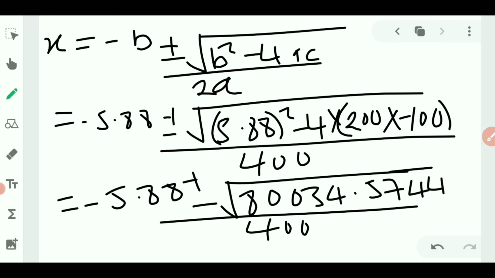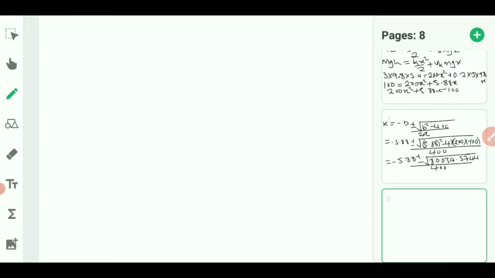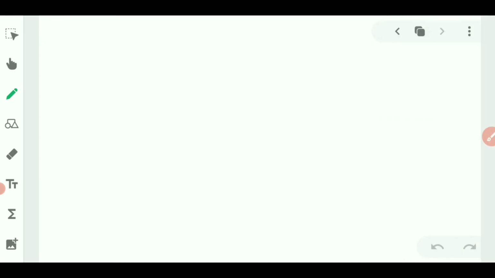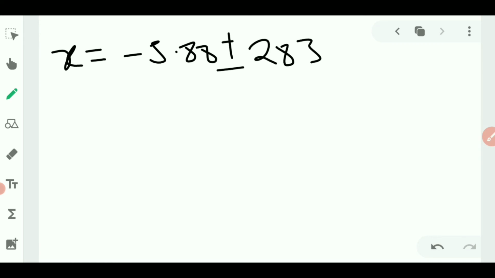When you take the square root of the value there, we should get x equals negative 5.88 plus or minus 283, that will be the value after we take the square root, divided by 400. Now in this case, we'll not consider the negative side of the answer because we're dealing with distance, and distance is a scalar quantity.